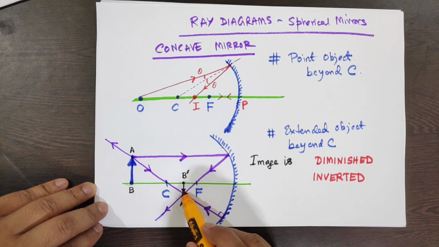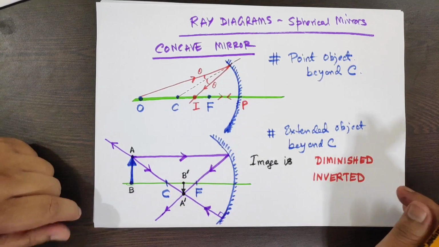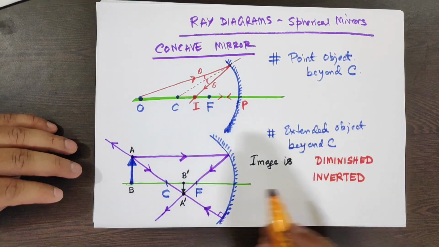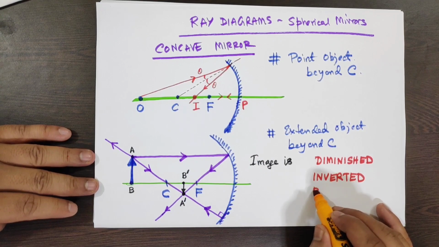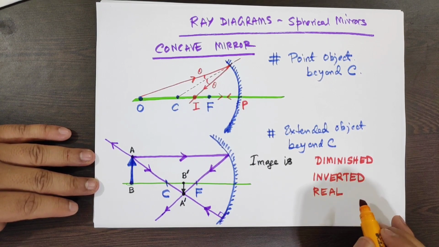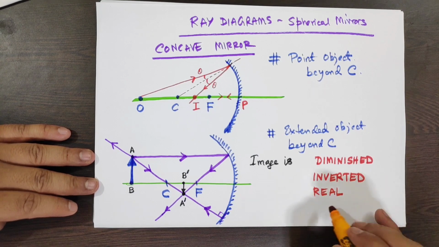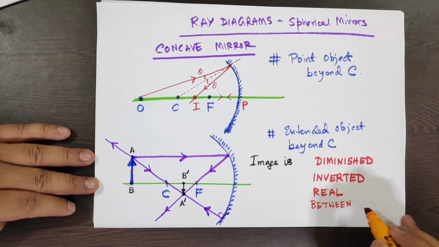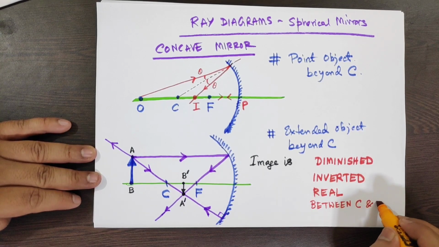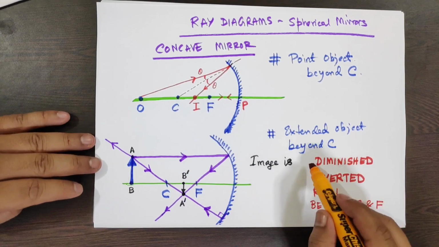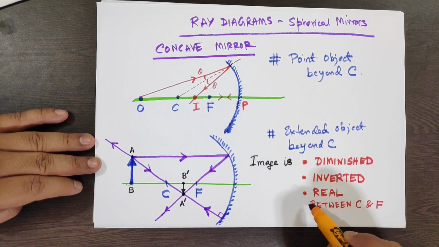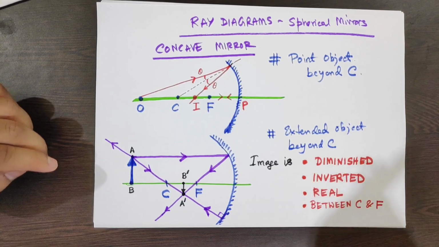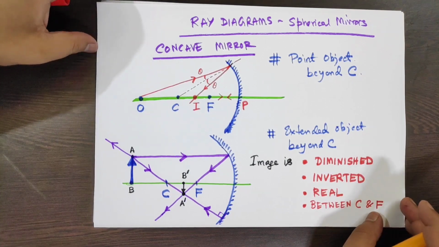Obviously the light rays actually meet at this point, so obviously it is a real image, so you can cast it on a screen. So the image is real, and location obviously between C and F, that is evident from the diagram itself. So these are the characters: diminished, inverted, real, and between C and F.